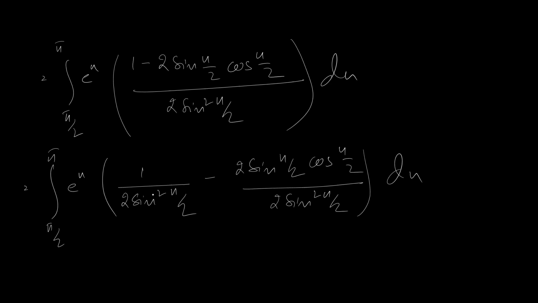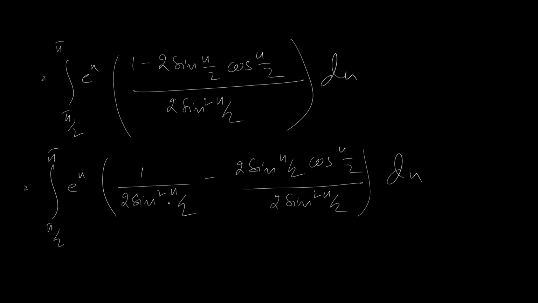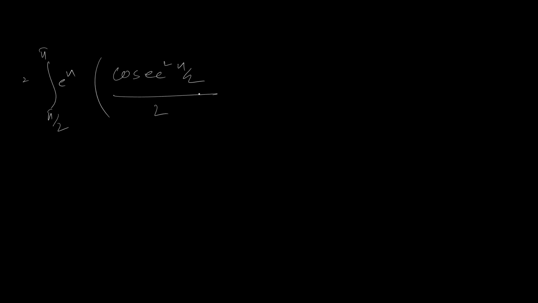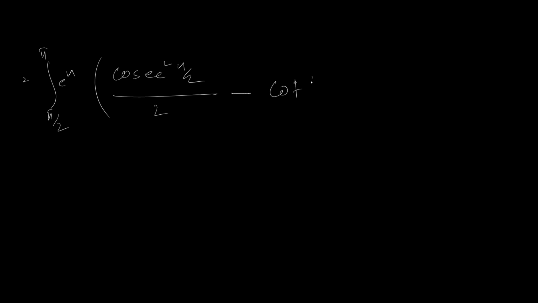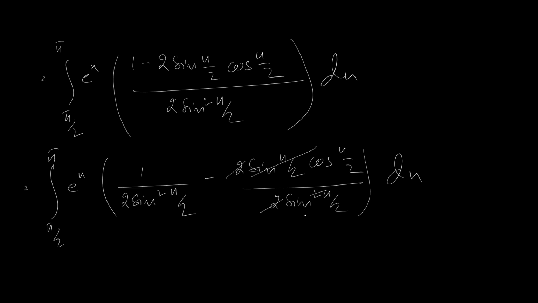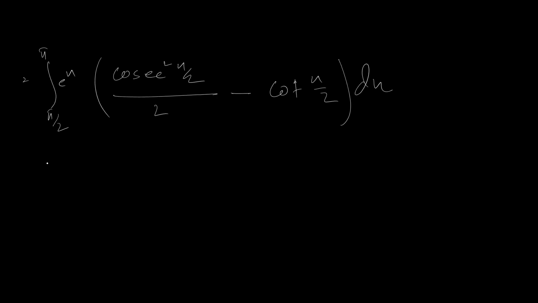So this equals the integration from pi by 2 to pi of e to the power x times, first, cosec square x by 2, since 1 by sine square x by 2 is cosec square x by 2, minus, here the 2 and 2 cancel out, and one sine x by 2 cancels with one sine x by 2. So ultimately I get cos x by 2 by sine x by 2, which is cot x by 2, dx.